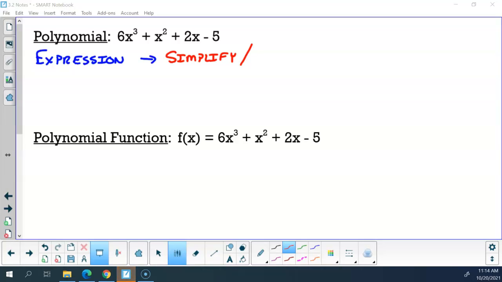What else can we do with an expression? Can we evaluate the expression? Like, can we evaluate it if we set x equal to 4? Evaluate.